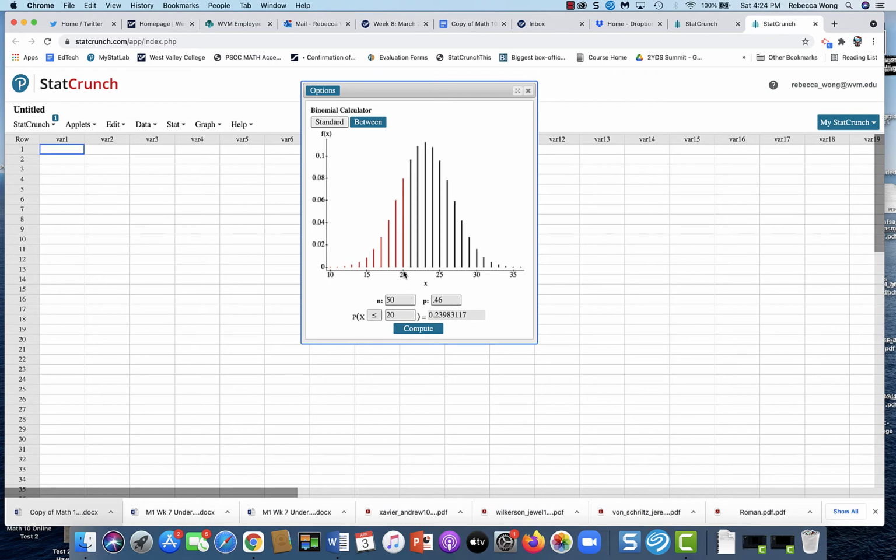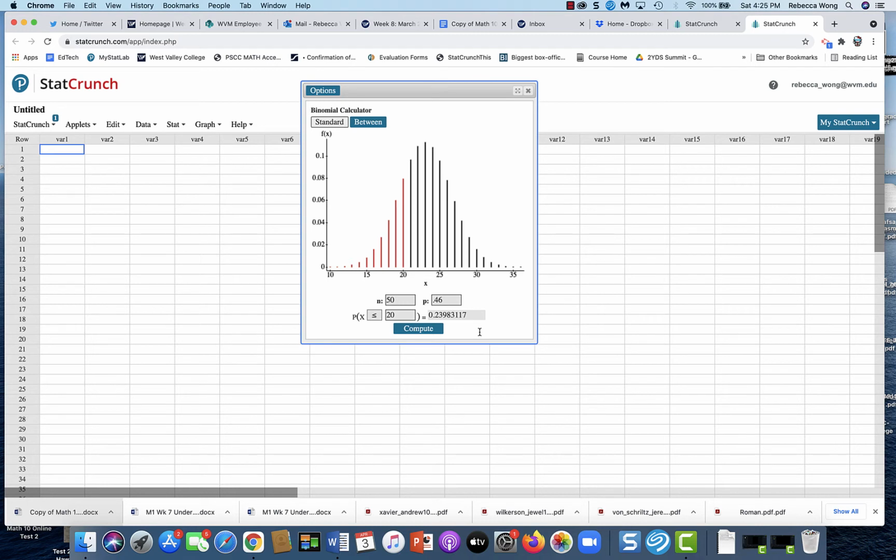And so you just ask yourself, do the words at most 20 correspond with these red bars? And yes, they do. At most 20 means all the way up to 20 and including 20. And so our answer for the first one is 0.24, if we round that off to 0.240, or 24%.